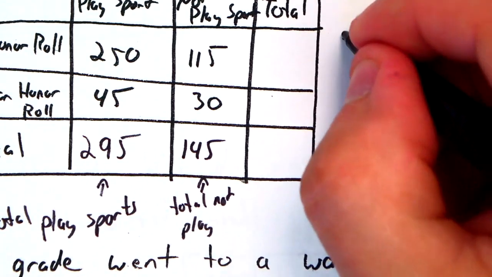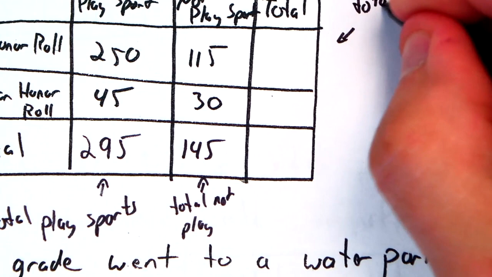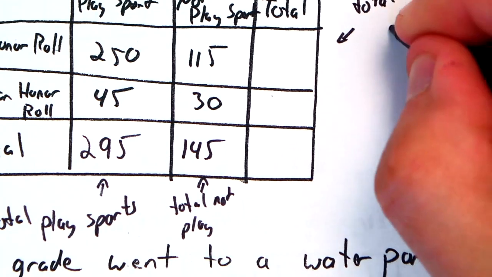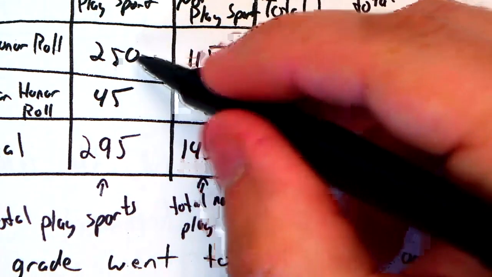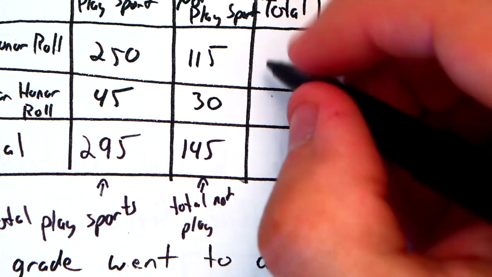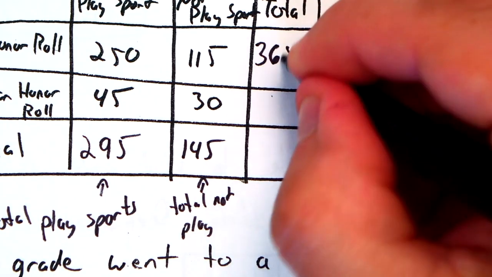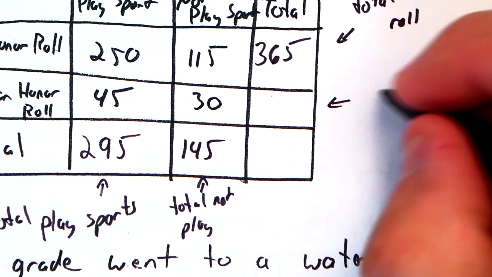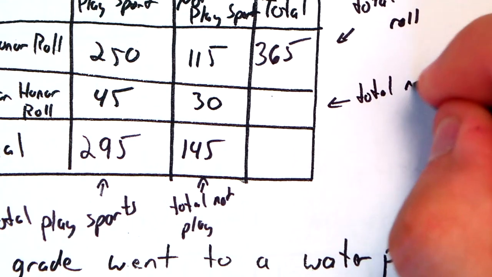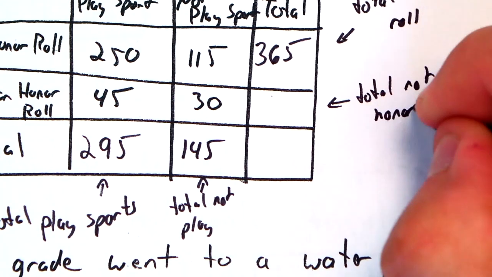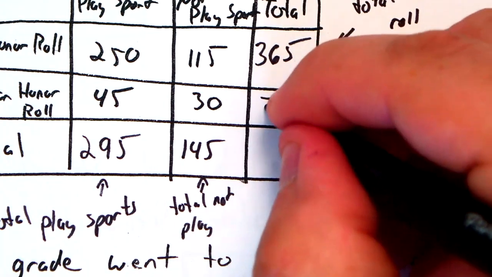Now, this one right here is total on the honor roll. 250 plus 115 would be 365. This is total not on honor roll. And this is 75.